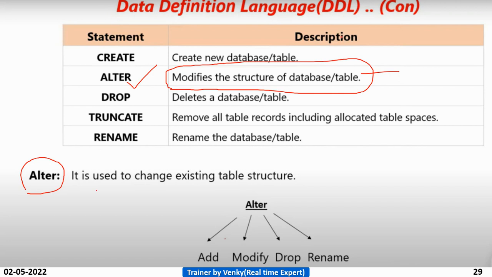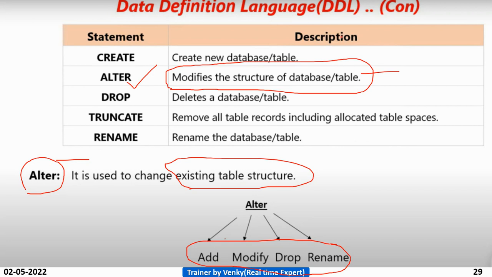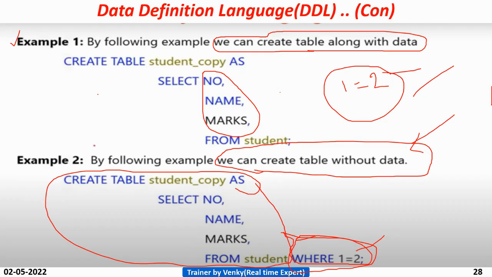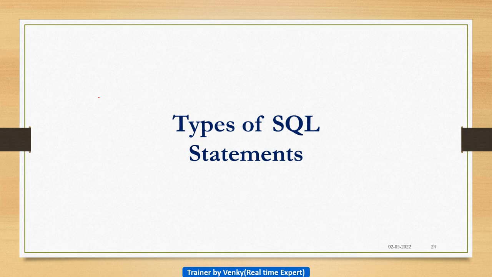So alter is used to change the existing table structure or existing object structure. Within alter, there are four subcommands, or four keywords, you can call them. Here you can observe the drop command is there.